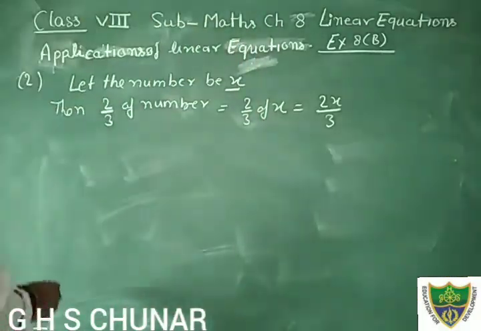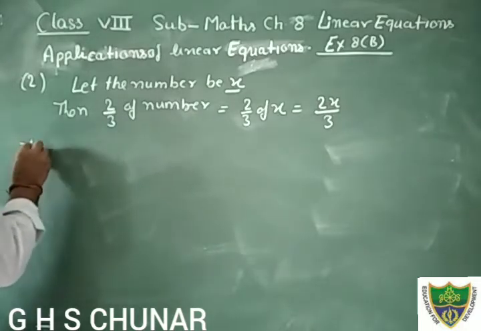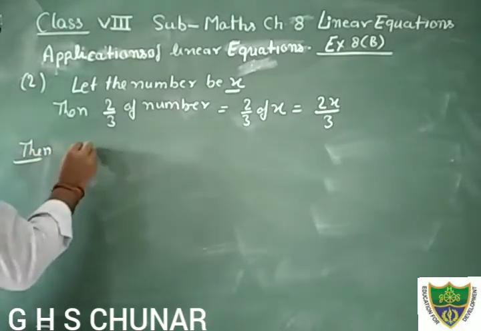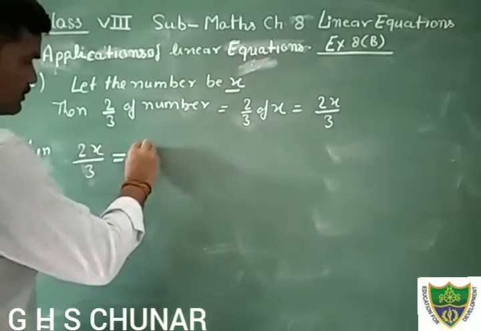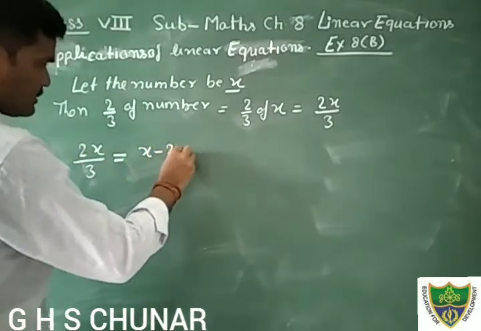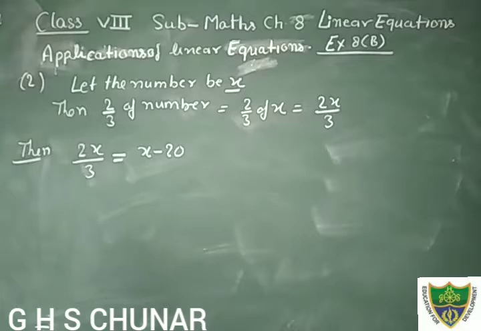Then 2x upon 3 is equal to x minus 20. That's clear?